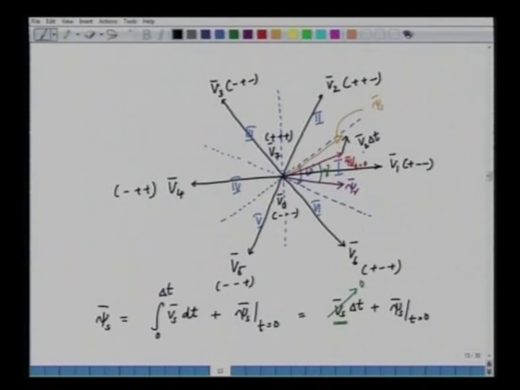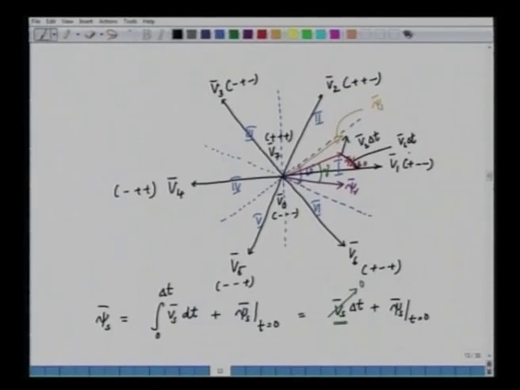In this case, you know that we have a choice to apply V6. Suppose we apply V6. So, V6 will be in this direction, and this is V6 into delta t. We are only applying for a small time delta t, because the whole interval has been broken down into small sampling times, and the sampling time is delta t.